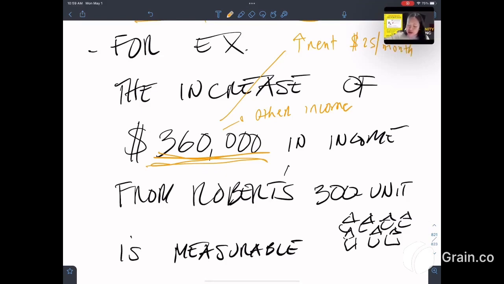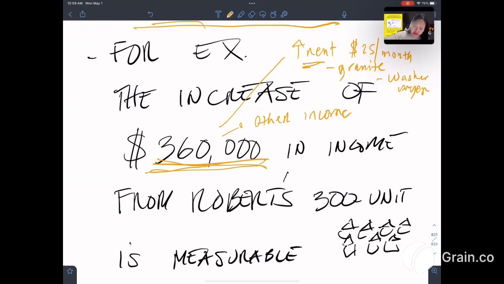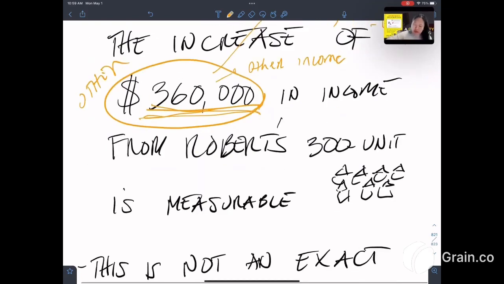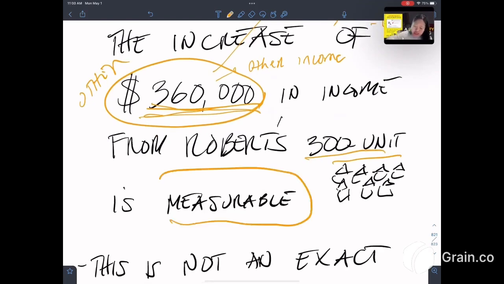Because either you changed it to a granite countertop, or you added a washer and dryer, right? So that's why you were able to increase the rent. So just by increasing the rent, and this is not including the other income, you were able to get 360,000 of other income, okay, from Robert's 300 apartment units, which is measurable.